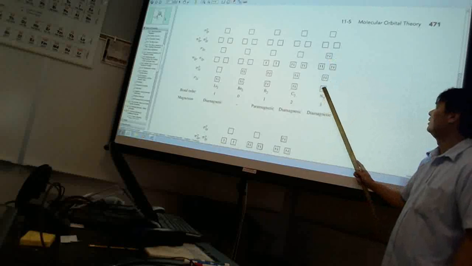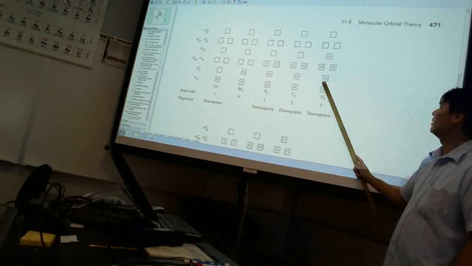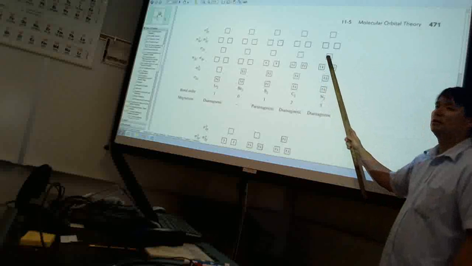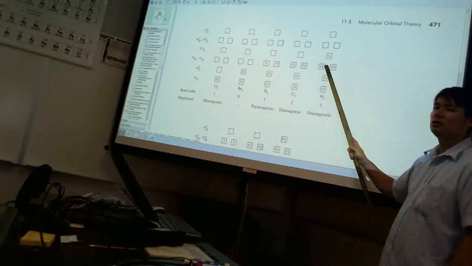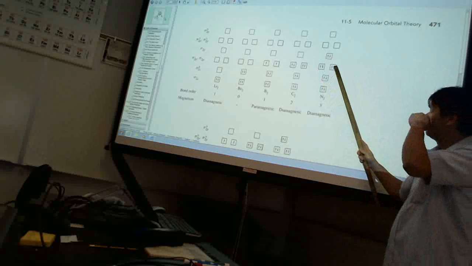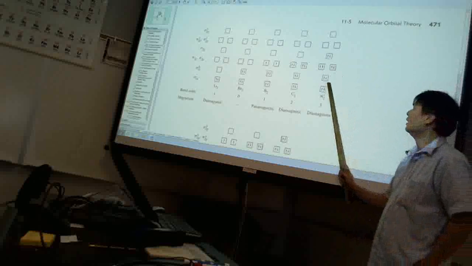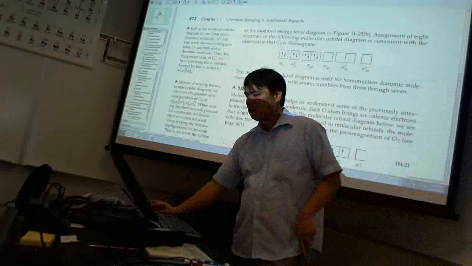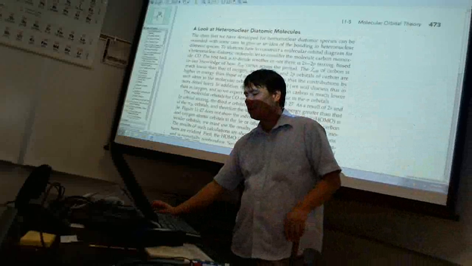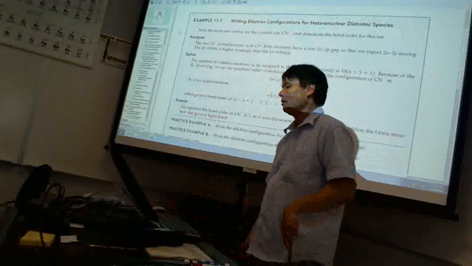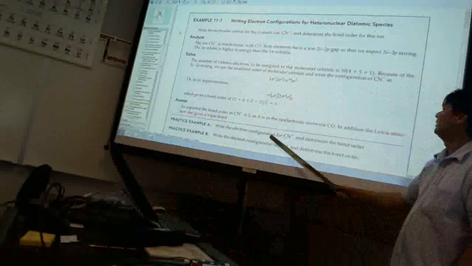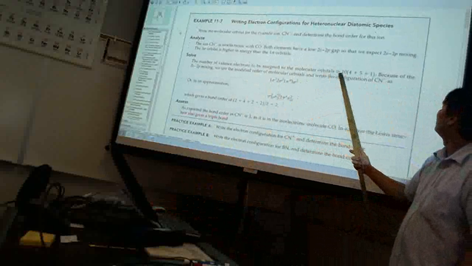And then we look, what's the bond order? These antibonding cancel these bonding. That leaves us with 3 pairs of bonding electron density. Bond order is 3. Diamagnetic. And so cyanide is diamagnetic, bond order 3. So bond order 3, triple bonds, and paramagnetic somewhere.